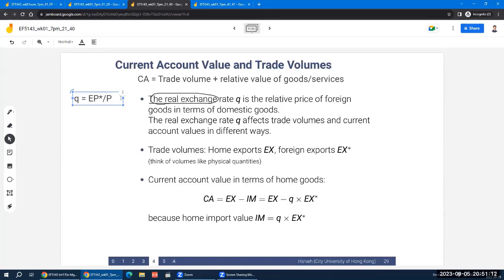So the question you should be asking me is, what do you mean by price level? In macroeconomic terms, I'm talking about CPI. So maybe you know what consumer price index is. If not, it is basically a weighted average of prices within an average consumption basket of a country.